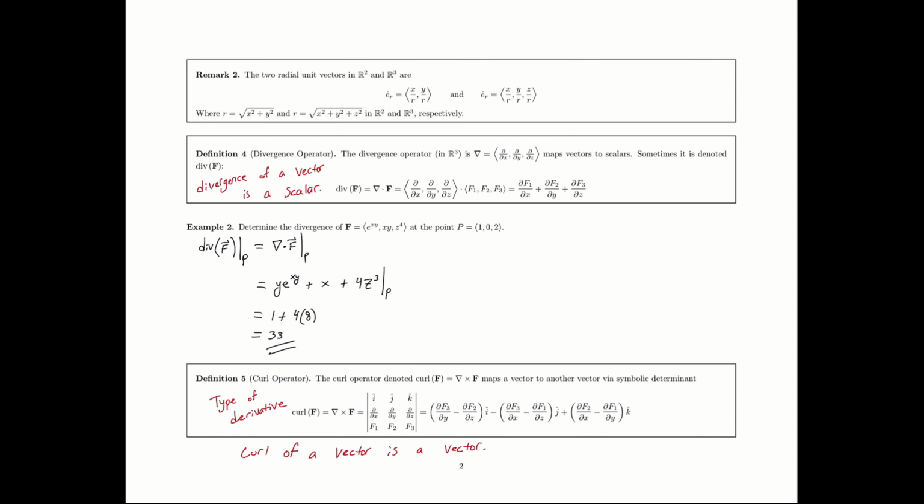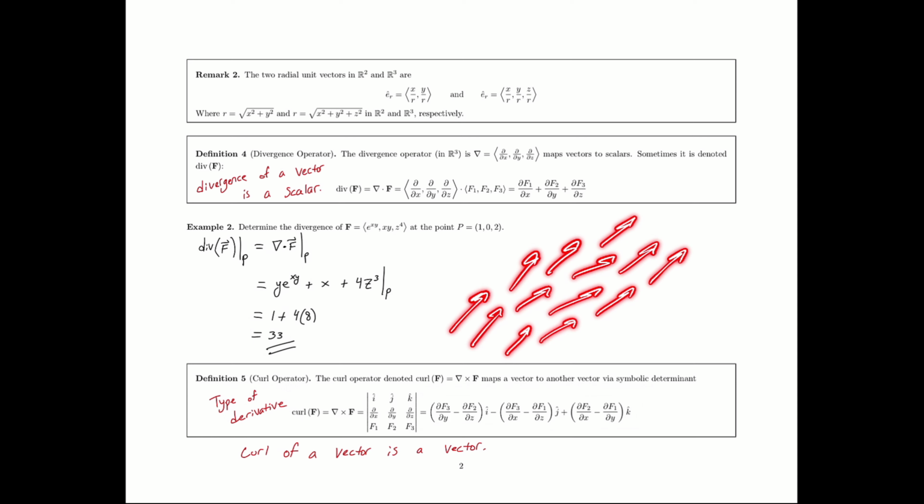In the previous video, we talked about conceptually and geometrically what the divergence is telling us of a vector field. So what exactly is the curl telling us? Well, given a vector field, you can think of this as a series of arrows. In actuality, a vector field is an infinite collection of these arrows, all with their own directions and lengths.